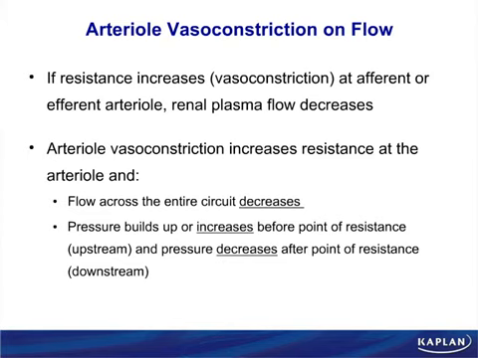A common analogy I like to give is a hose. You take a hose and you put a kink or bend in that hose. Well, that kink or bend is a point of resistance. Upstream of that kink, you're going to see the hose expanding. That expansion is the pressure building up before that resistance. After that resistance, pressure will decrease. So that's a very important analogy to think about.